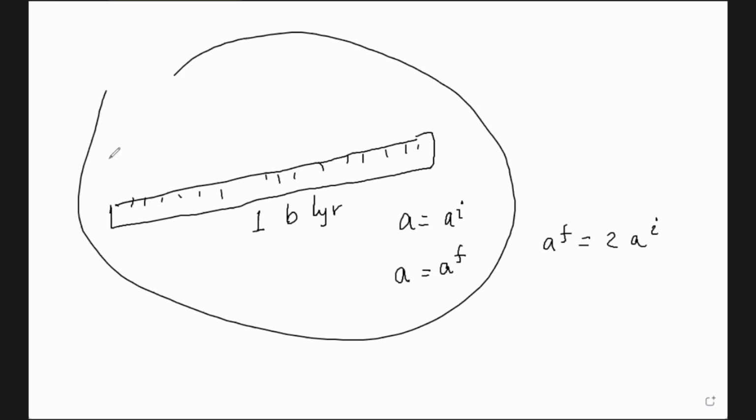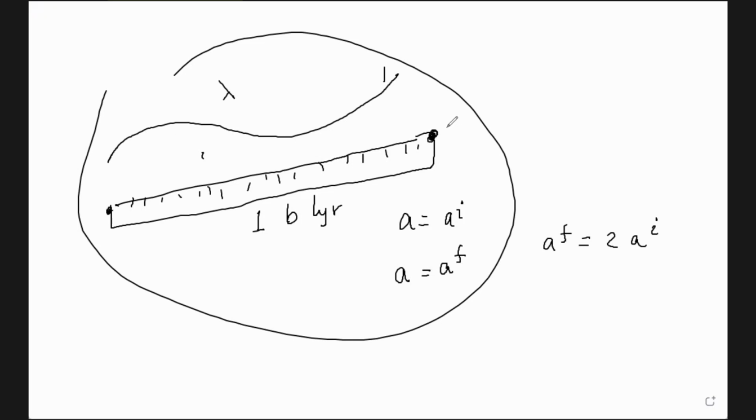Why? Because we discussed that any wavelength, lambda, also changes. Everything is stretched. So why will the ruler not be stretched, if space stretches? So any physical distance, I know what you are saying.